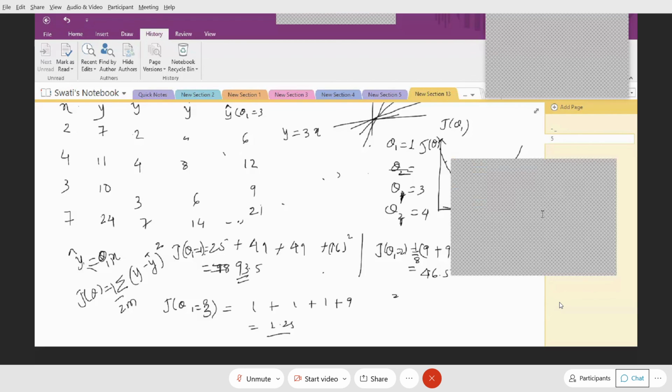Please unmute yourself and tell me what you want to say. I want to ask why our function is bowl-like and not any other function. Plot it and tell me why it is a bow-like function. I've given you the data, I've given you the equation. Plot it. Okay? No, it's not the learning rate.